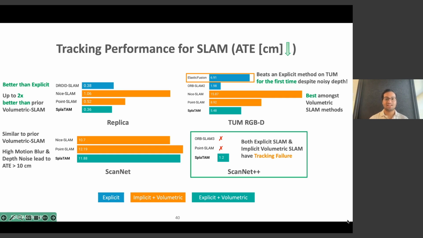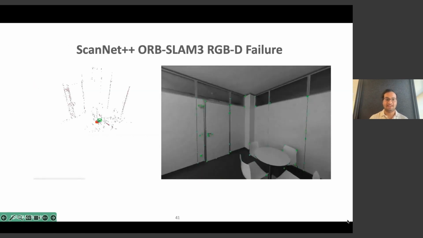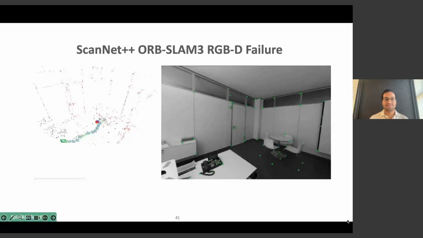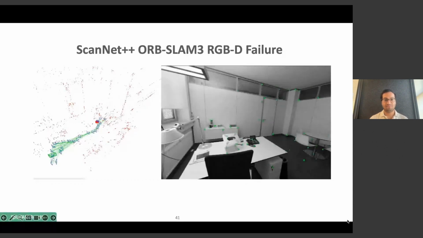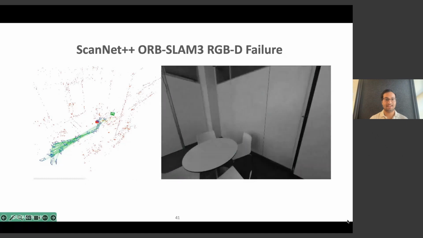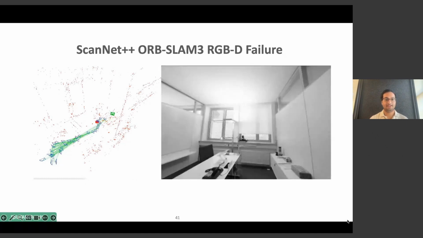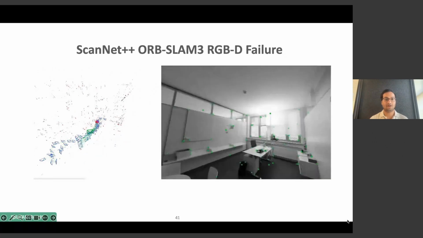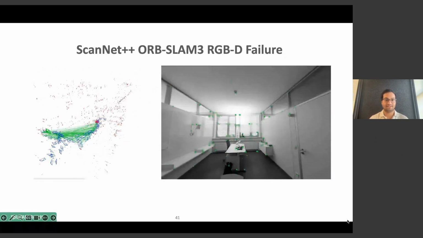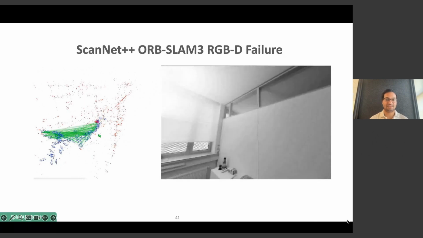Let's take a closer look at this one. When we looked into why classical methods were failing in this setup, you can see that it's really hard. You have mostly textureless white walls, and it's hard to pick up interesting features in this scenario. Over here you can see that ORB-SLAM fails to get good features consistently, so it keeps reinitializing itself.